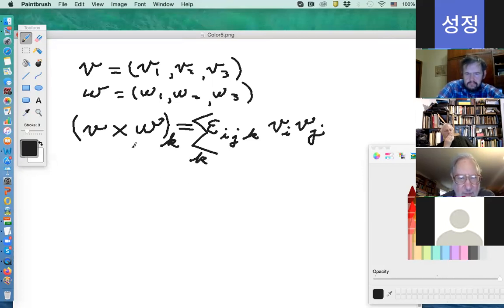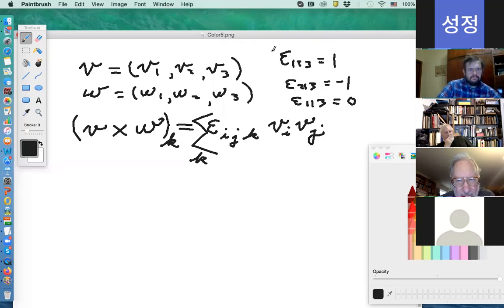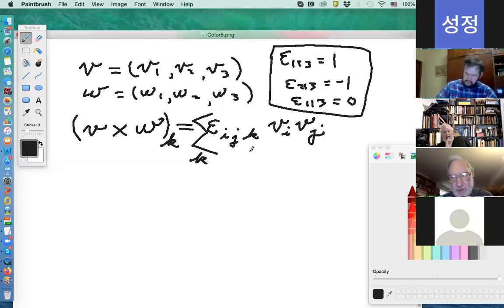This is the correct formula. Remember, epsilon 1, 2, 3 equals 1, epsilon 2, 1, 3 equals minus 1, and epsilon with a repeat like that is equal to 0, the 3-index epsilon. That's the formula for the vector cross product.